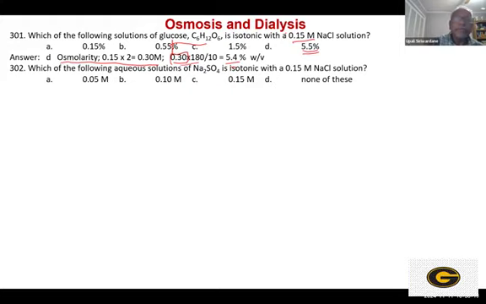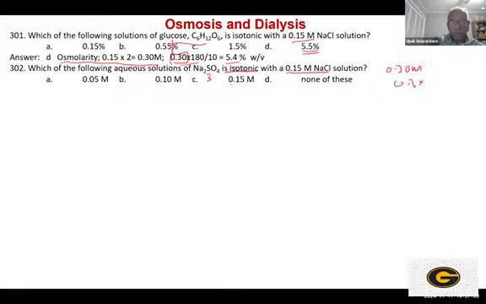Which of the following solution isotonic to, osmolarity is 0.30 molar here. This has 3 ions. Therefore, this should be 0.3, has 2 particles.